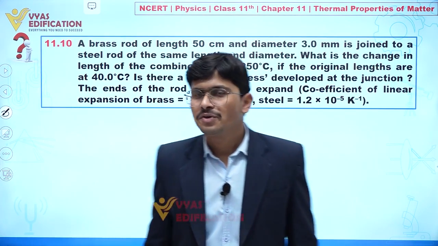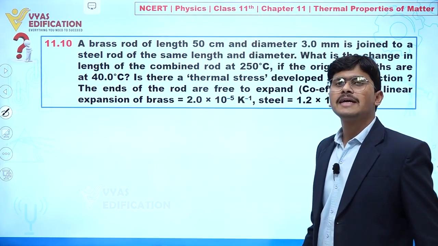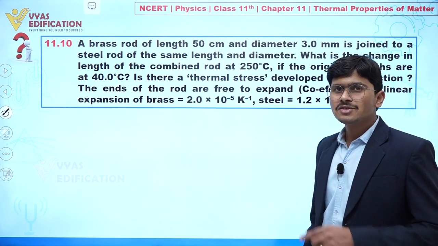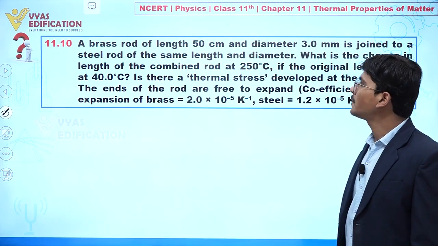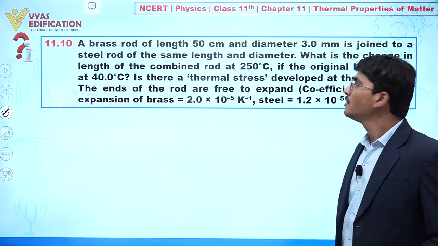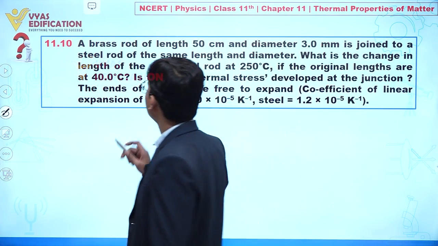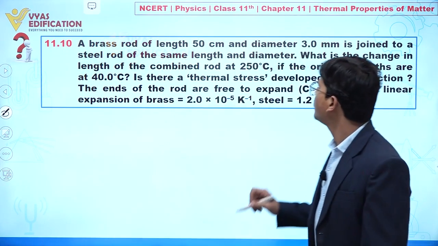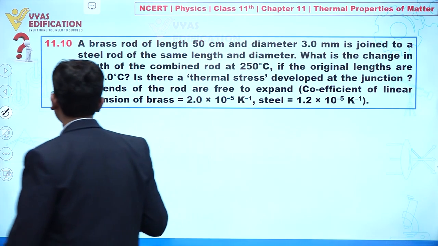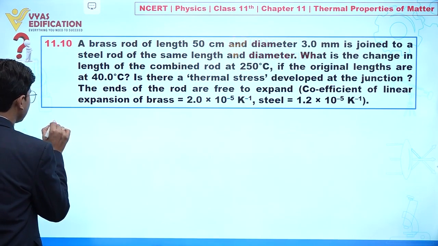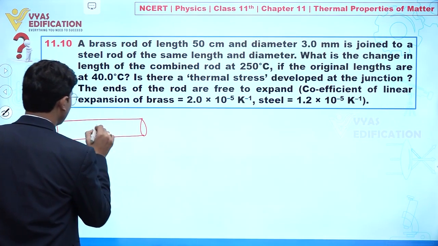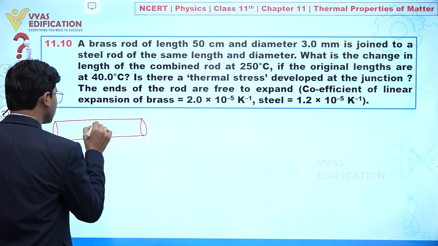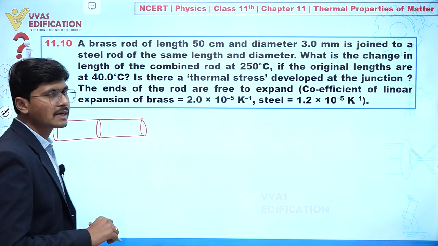Now students, we are going to discuss question number 11.10. In this question it is given that a brass rod of length 50 cm and diameter 3 mm is joined to a steel rod of same length and diameter, clear? So let's suppose these are the two rods, and the two rods are connected like this.